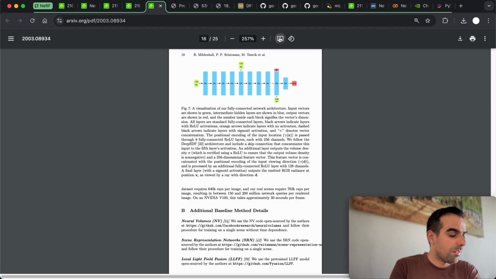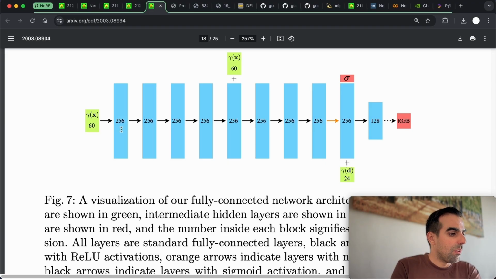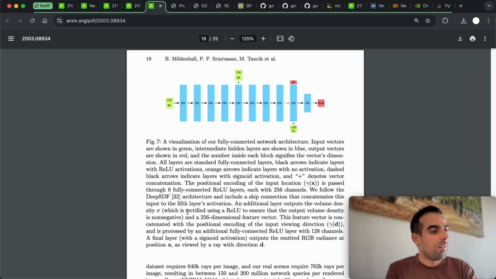So this is the architecture. 1, 2, 3, 4, 5, 6, 7, 8, 9. 9 layers, and you are feeding the position, and in the 5th layer you are concatenating the position again, and in the layer before last, this layer predicts sigma from the position, and it also concatenates the direction to predict the color. So this is the architecture of the NeRF network.